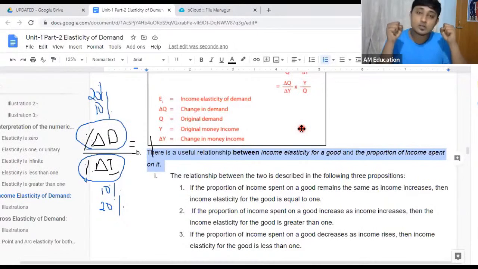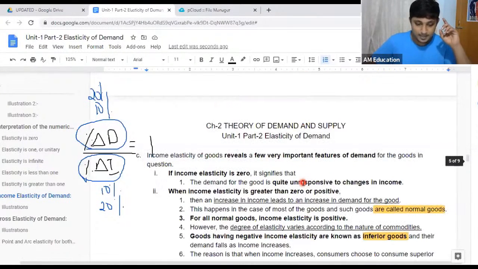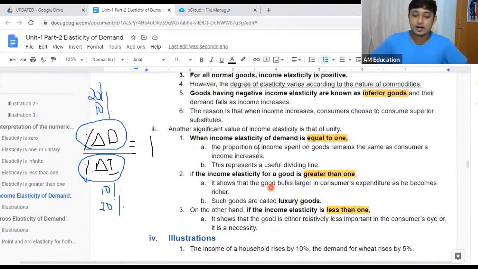So first find out the income elasticity of demand and then compare it with the proportion of income spent. We've just learned the proportion of income concept, right? If my income is 10,000, how much proportion am I spending on the fuel? If it is 5,000, it is 50%, or half. So now what did he mean?